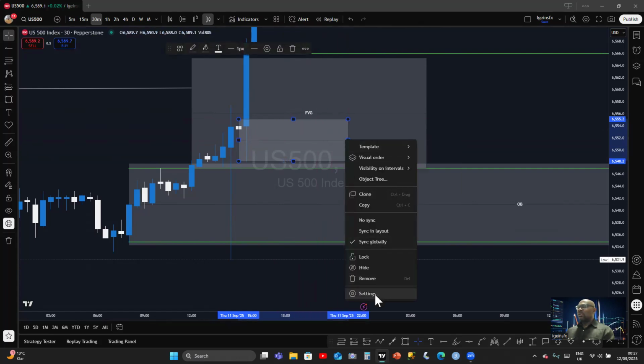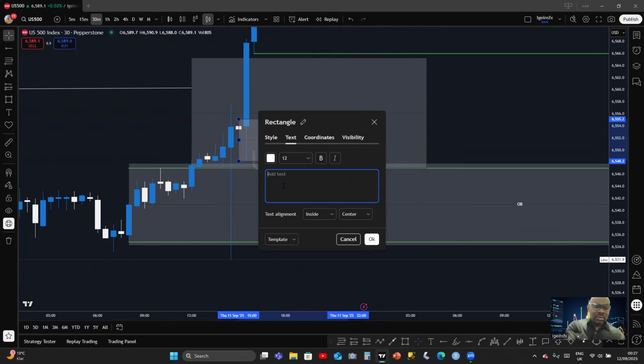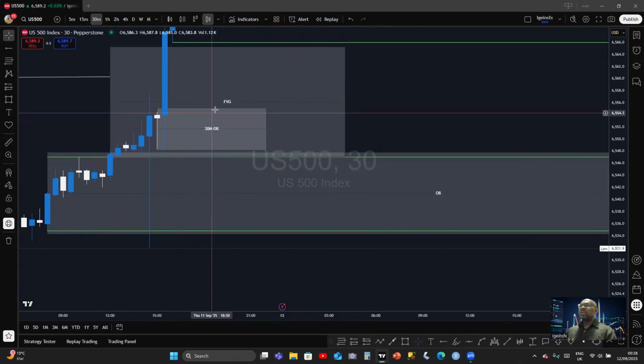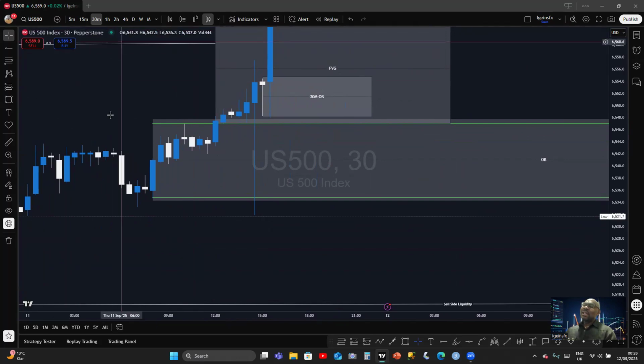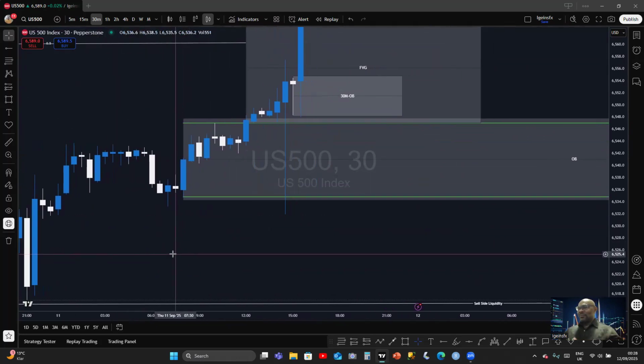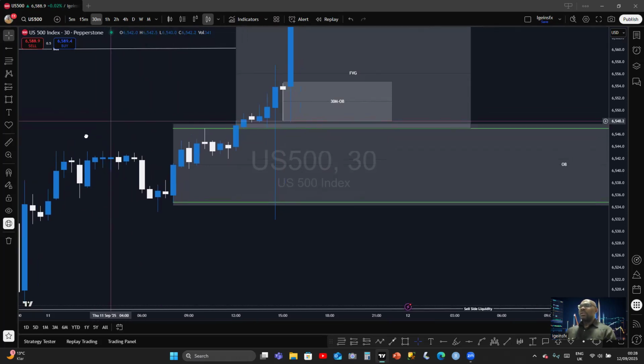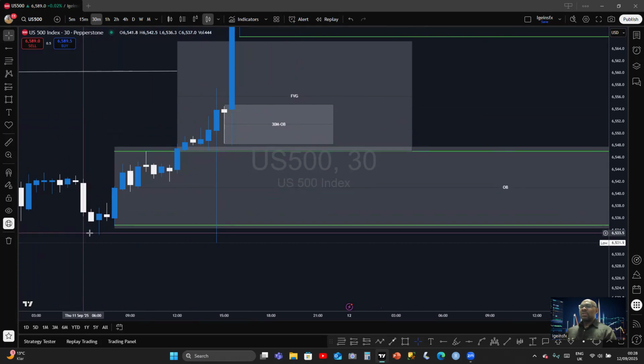This is the 30 minute OB. So you can see, but the thing is that the higher time frame always has the force.